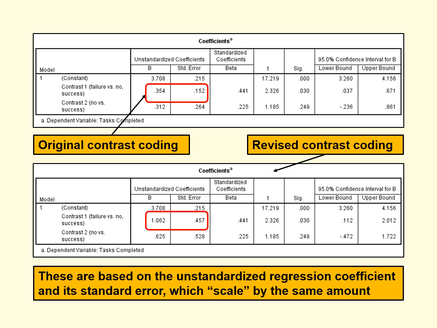So here that t value of 2.326 is equal to 0.354 minus 0 divided by 0.152. It's also equal to 1.062 minus 0 divided by 0.457. It gives you the same value for a t-statistic, and that value, 2.326, has just one probability under a null distribution for the t-test statistic.